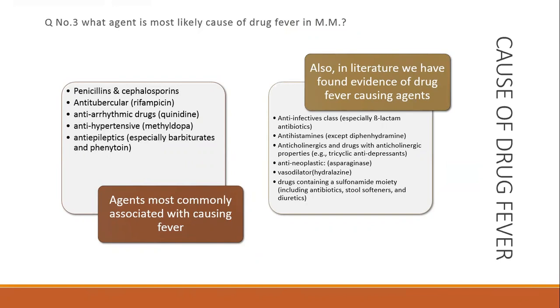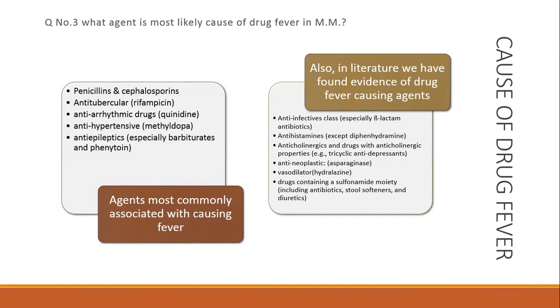Also, we have found evidence in literature about anti-infective class, especially beta-lactam antibiotics, antihistamine, except diphenhydramine, anticholinergic drugs like tricyclic antidepressants, anti-neoplastic drugs like asparaginase and bleomycin, vasodilator that is hydralazine, drug containing sulfonamide moiety, including antibiotics, stool softener, and diuretics.